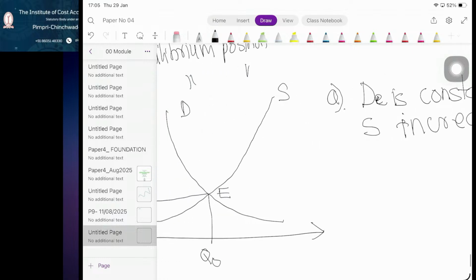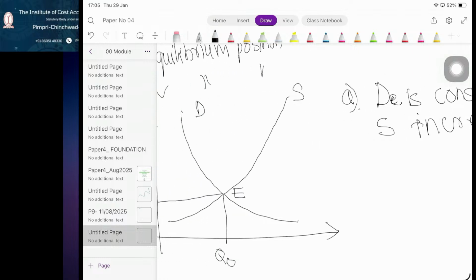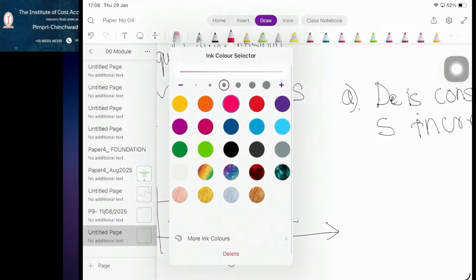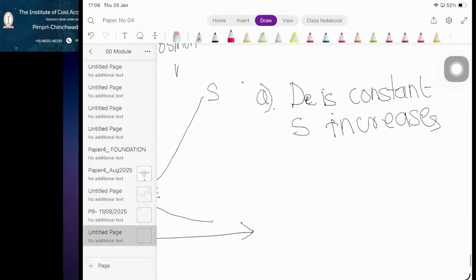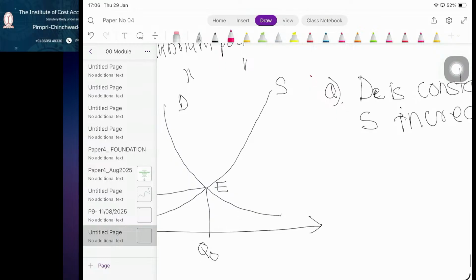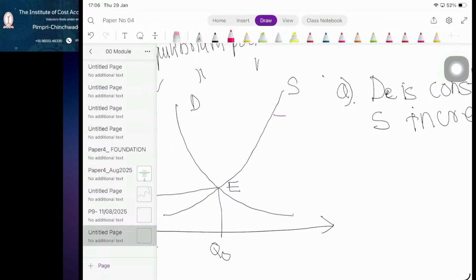What happens if the supply increases and demand remains constant? So I'll show you this case. Supply increases, so that is a shift to the right. So I'll have to draw a new supply curve, something like this, S dash.